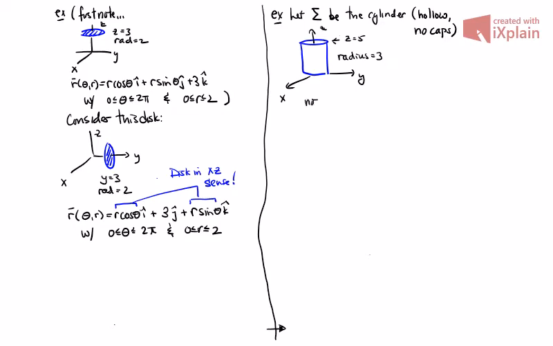So note here, the radius is fixed. So we don't need r. But there's a theta that's changing.